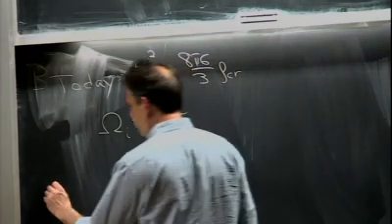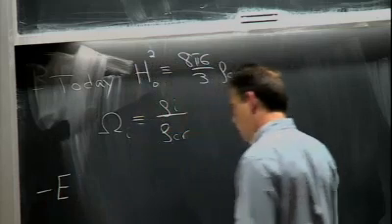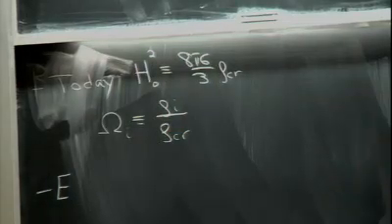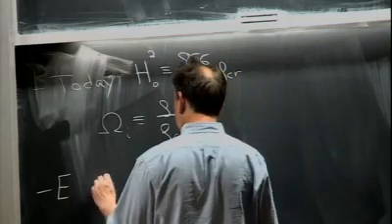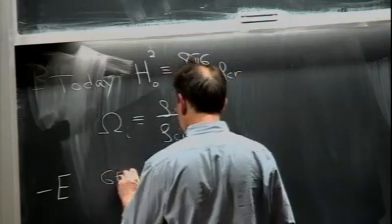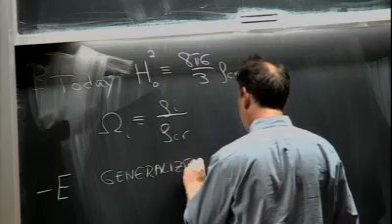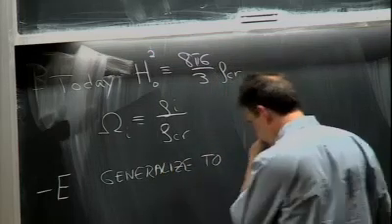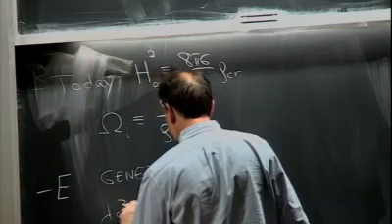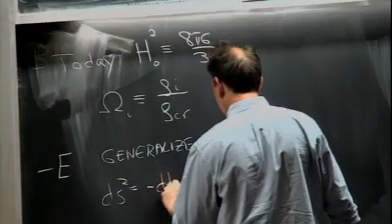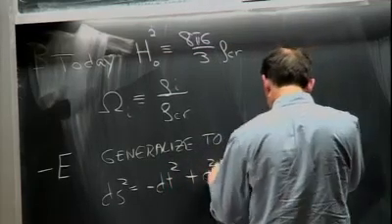The second point is an exercise, which I'll call capital E. So this assumes that the universe is flat. If you want to generalize this to the following metric, where the invariant distance is equal to minus dt squared, same thing, plus a squared, same thing.